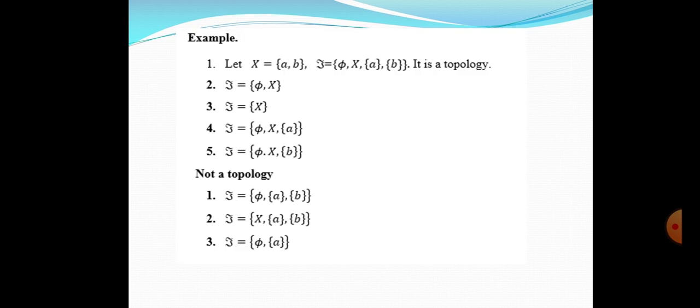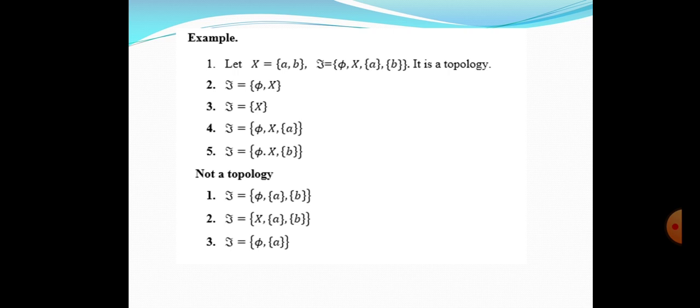Next example, the example 1. Let X equal to set a, b. Here tau equal to empty, X, singleton set A, singleton set B. Is it a topology or not? We check. So here tau is a collection of subsets. First you check the first property.